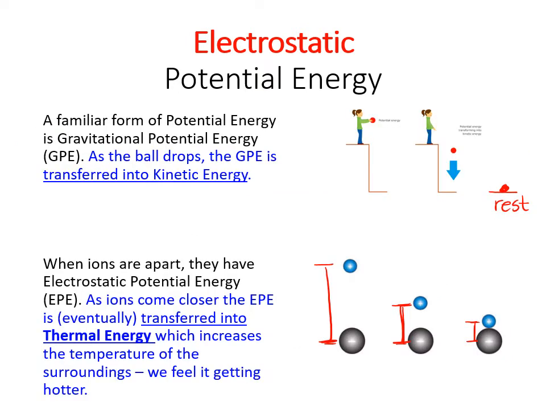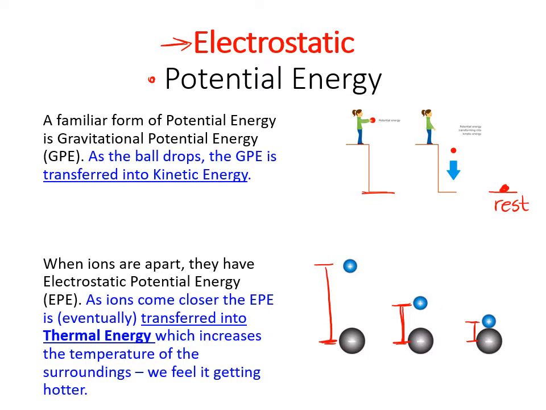Before we move too far with forces, I want to talk about potential energy. Specifically, we're going to get to the electrostatic, but let's get a good understanding about what potential energy is and the way we know it. So if you look at the picture, the girl has the ball somewhere above the ground.